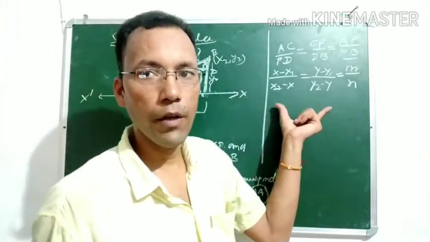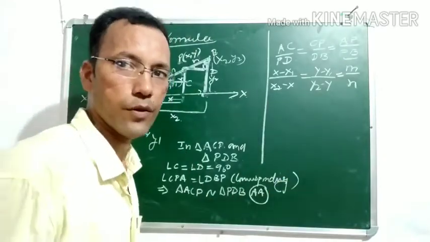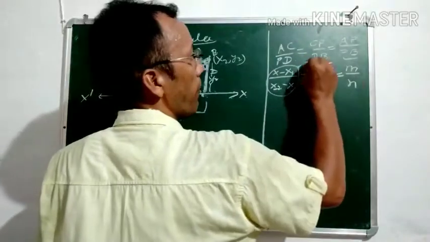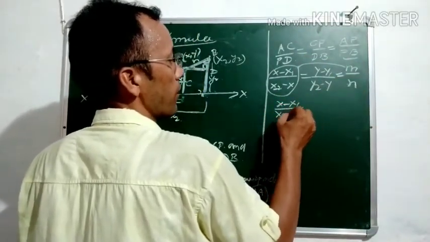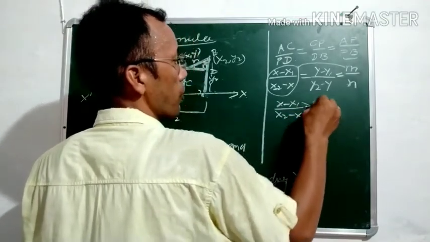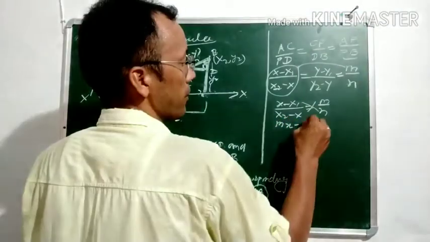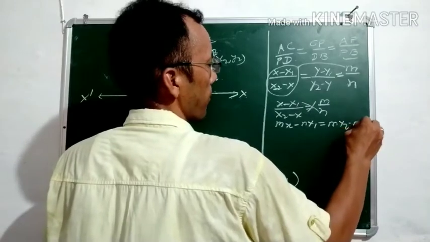Now we can sort this out for x and y. For m and n, x minus x1 upon x2 minus x is equal to m upon n. Cross multiplying, we have nx minus nx1 is equal to mx2 minus mx.